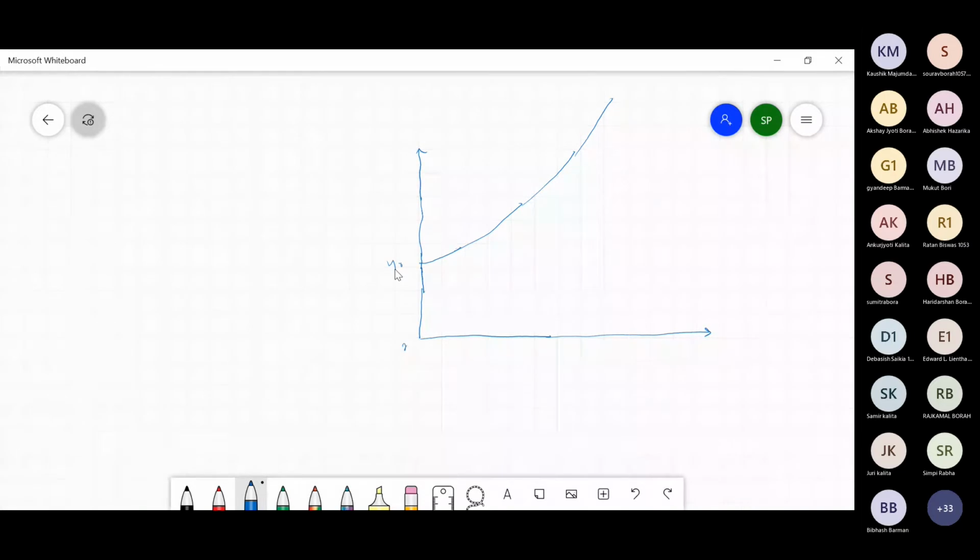Initial value we know, that x naught. So first I'll draw this tangent. So I'm finding the value here, y1, at x1. This value is y1.